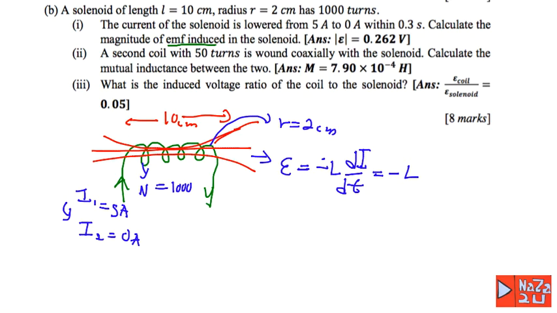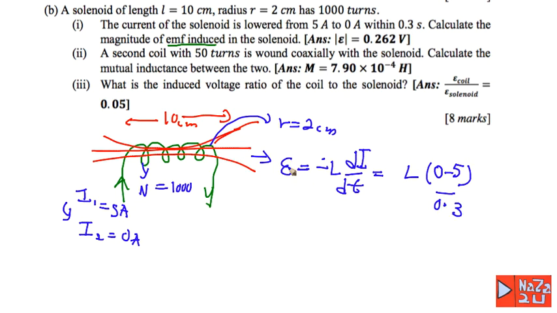If you do not use the negative, the value is still positive. The di, the change of the current here, is the final minus initial current, 5 ampere, in the time t, so the process of decrease is 0.3 second.